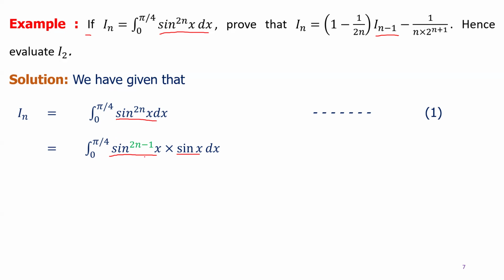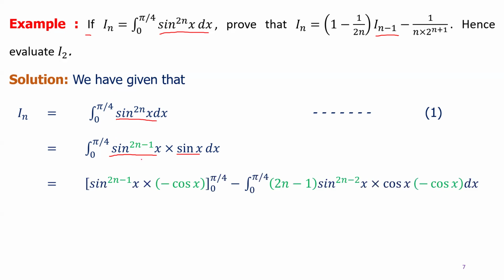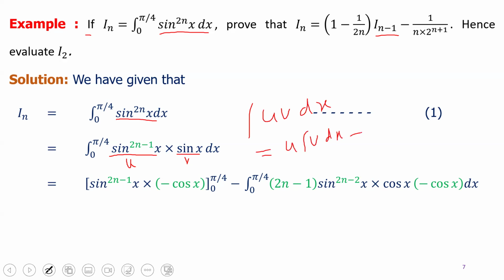Now we apply the integration by parts. This sin^(2n-1)x is the first function, or we can say u, and sin x is v. What is integration by parts? Integral of uv dx is equal to u times integration of v dx minus the integration of the derivative of u with respect to x times integration of v dx.